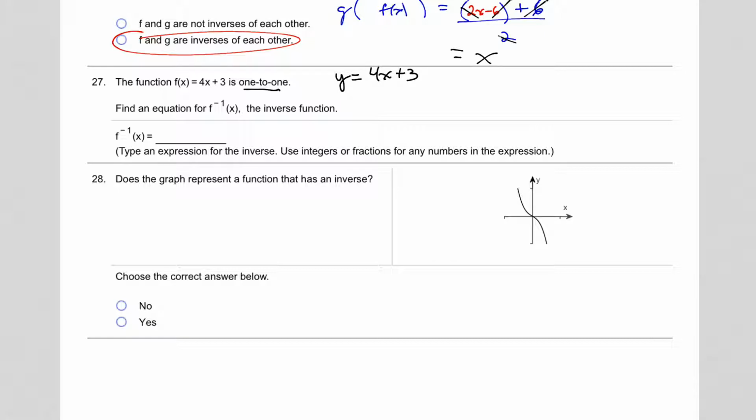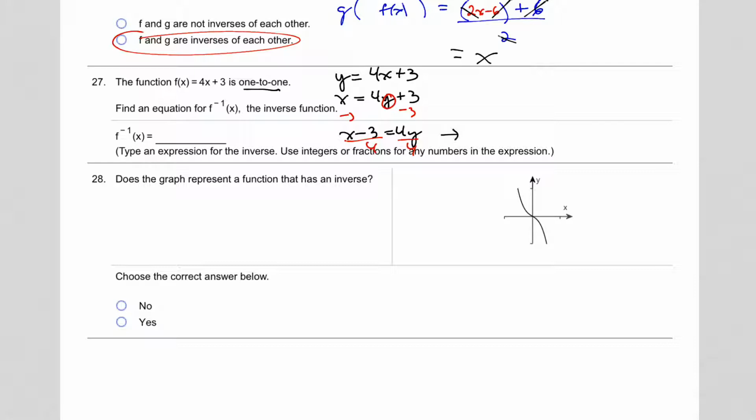Third step will be to change the x and the y, because the domain and range flip in inverse functions. And then we solve for this y right there, and divide by 4.